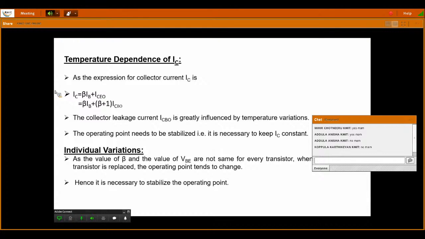Next, the individual variation, as I already discussed. The value of beta and the value of the base to emitter junction voltage: for silicon it is 0.6 to 0.7 volts, and for a germanium diode it is 0.2 to 0.3 volts.